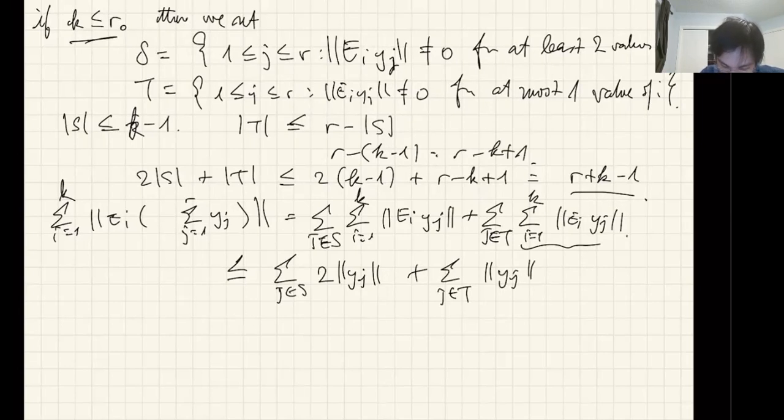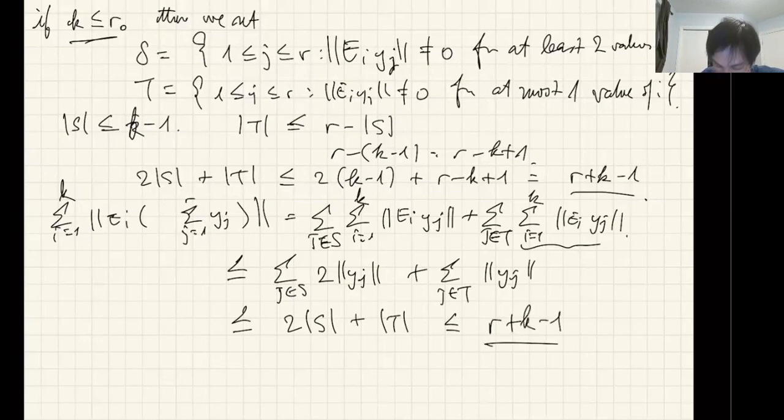That's less than or equal to 2|S| plus |T|, which is less than or equal to, what do we get up here? r plus k minus 1. Okay, so now we go back, and this is just this part. We need to divide this by r and add y0. So what does that give?